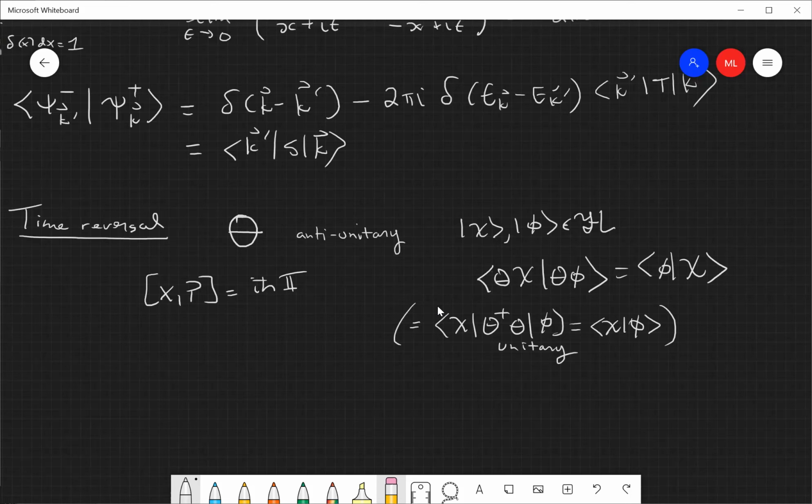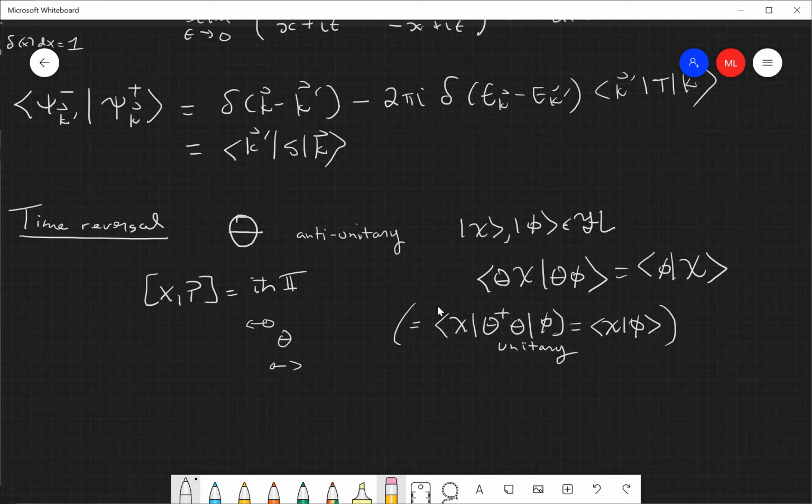The particle moves in the opposite direction of where it was going. So under time reversal, the momentum changes sign. P goes to minus P. If you're going to the left and you time reverse everything, then you go to the right. So if you apply theta to your particle, the momentum will reverse.